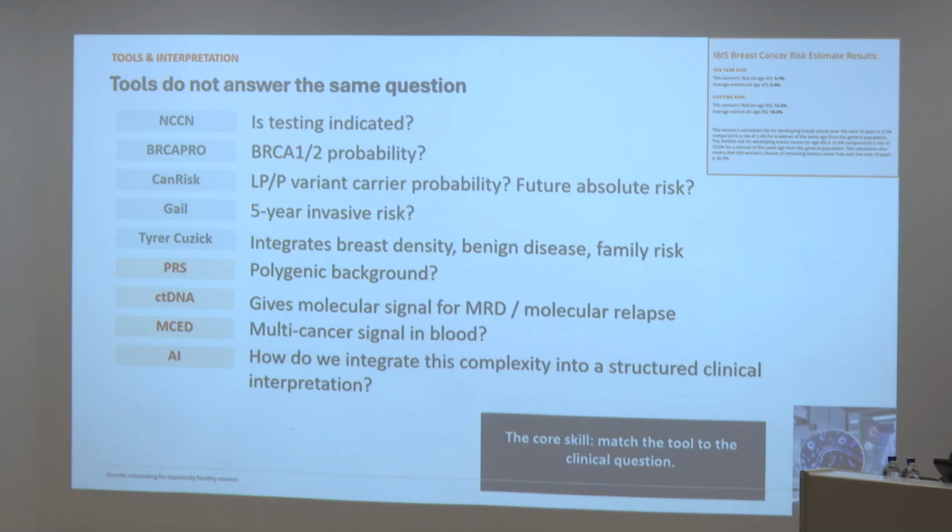Is there a future absolute risk, increased risk, a 5-year risk profile? The Cusick model integrates breast density, benign disease status, and family risk, and gives a probability model for us.